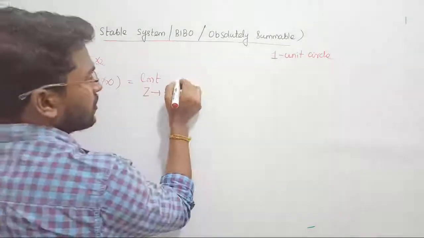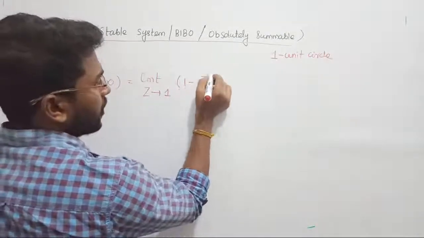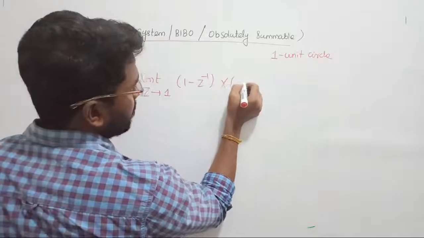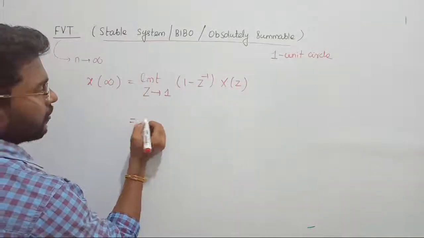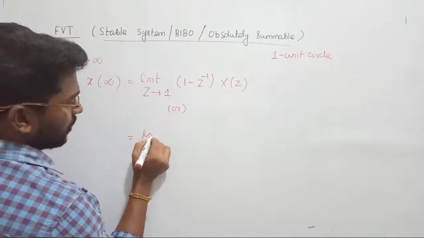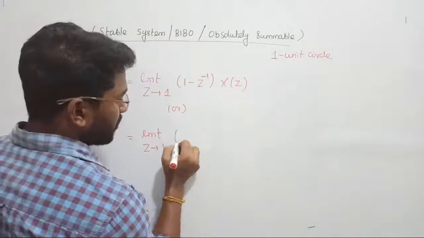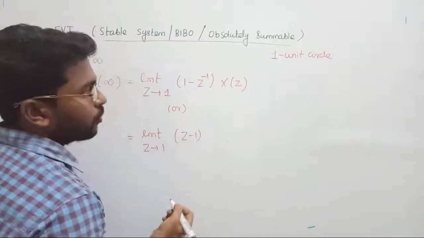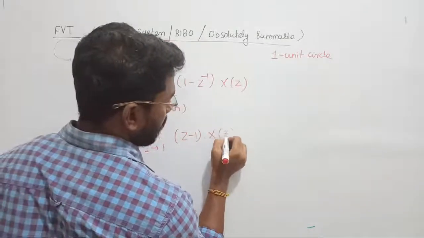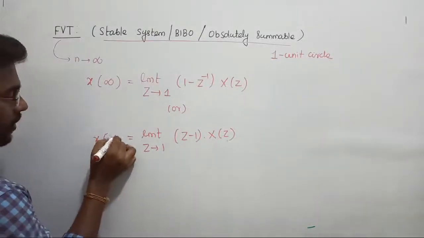So its z transformation can be defined as the limit of (1 minus z^-1) times X(z). It can also be written in the alternative way: the limit as z approaches 1 of (z minus 1) times X(z). Clear? That is how we are trying to find the value.